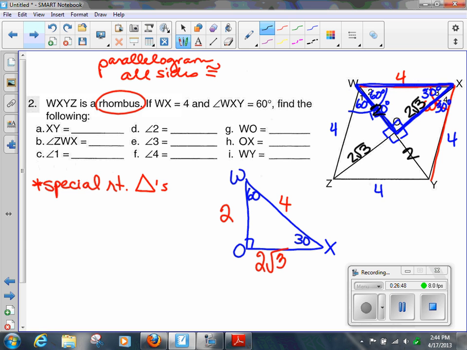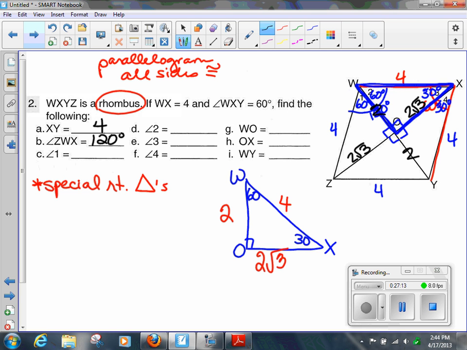All right, now let's start filling things in. We put a whole bunch of information in there. All right, so here we go. I've got XY. XY is 4. You guys agree with that? Angle ZWX, 120. We found that out very early on.